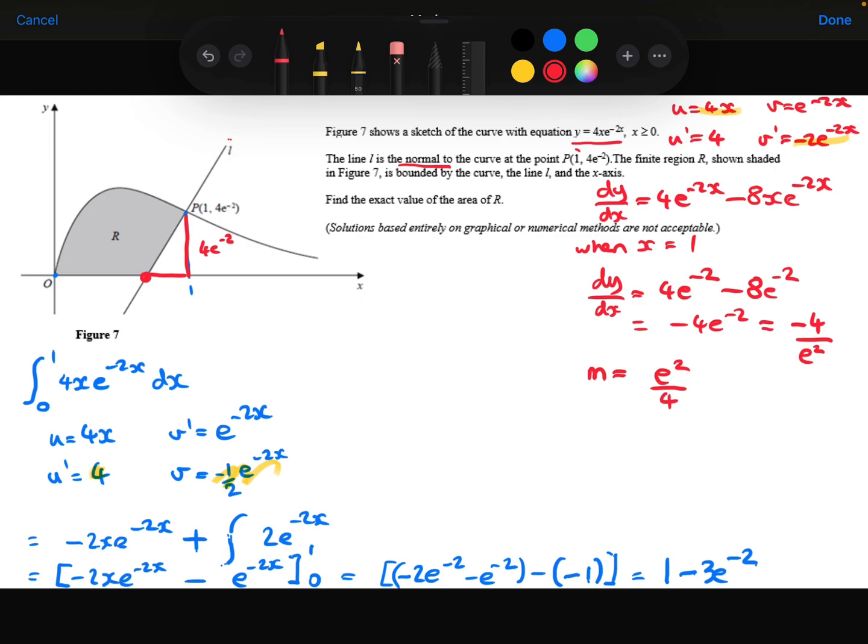I can now do y equals mx plus c, and I know it's going through the point (1, 4e to the minus 2). So if I substitute that in, so the y is 4e to the minus 2 when the x is 1.